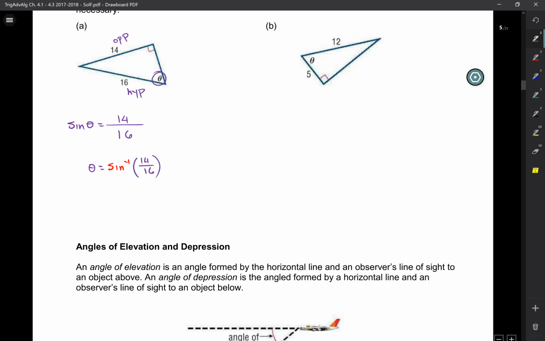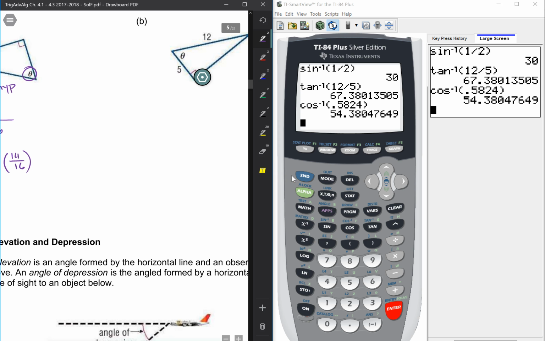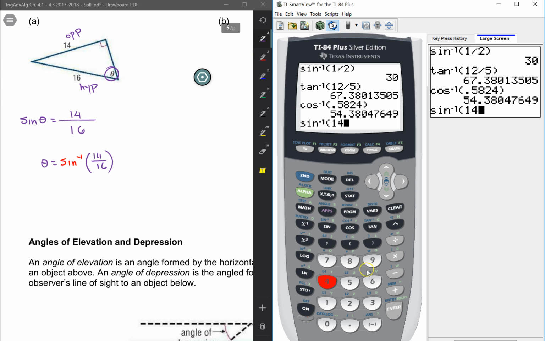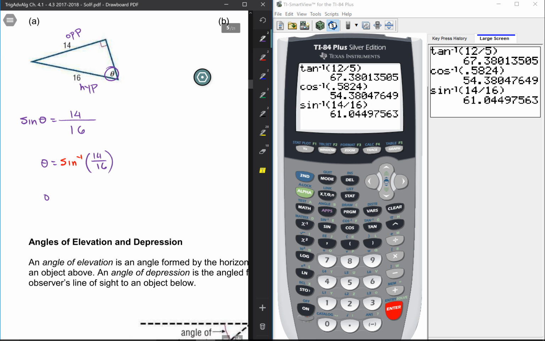When you plug that into your calculator, you can do inverse sine 14/16 or inverse sine of 7 over 8. It's up to you. We get 61 and round it to the nearest degree. That's 61 degrees.